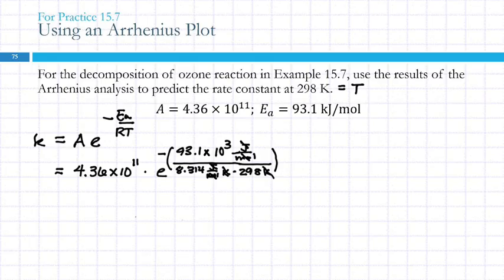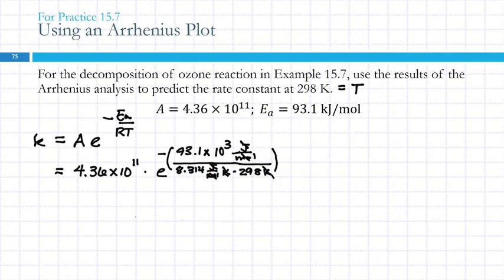If that sounds daunting, what you might want to do is calculate what's in the parentheses first. So that's going to be 93.1 EE3 divided by, and then here's another potential tripping point. We're dividing by this times this.